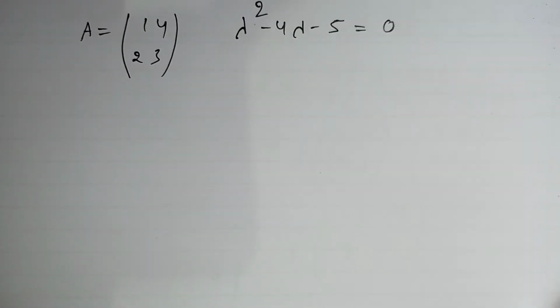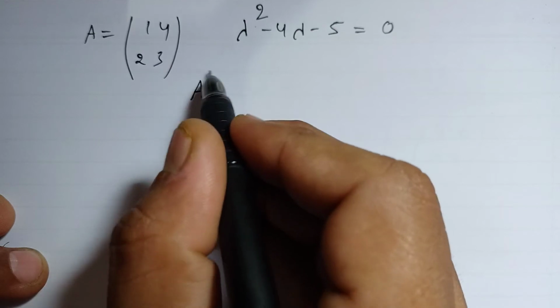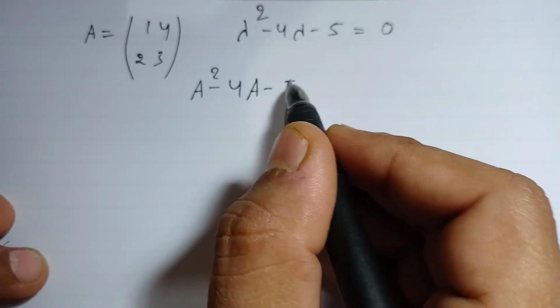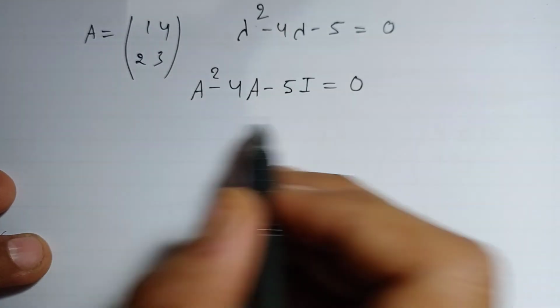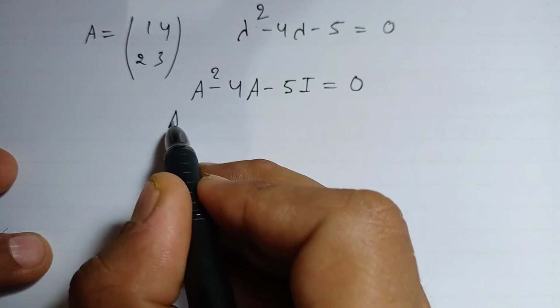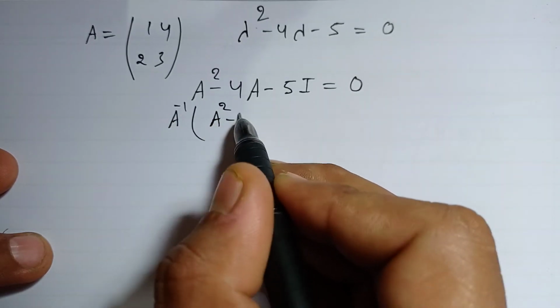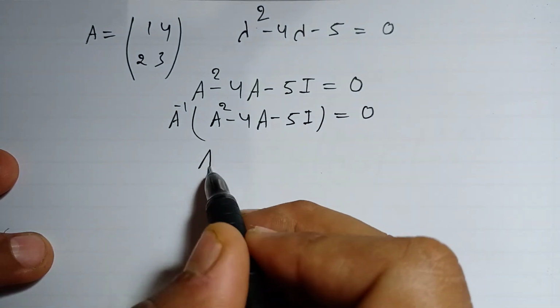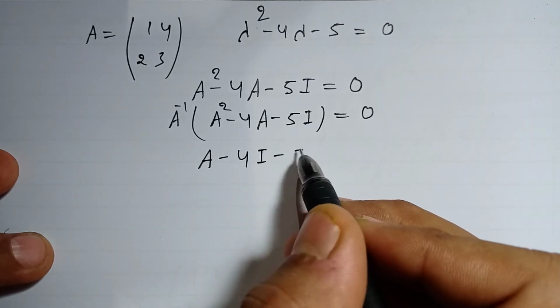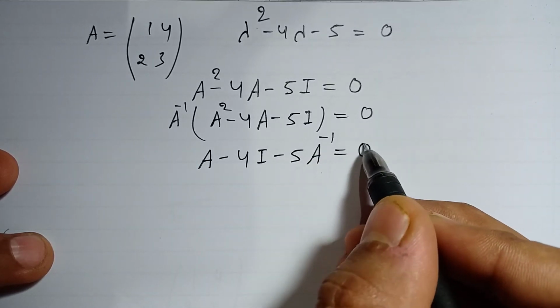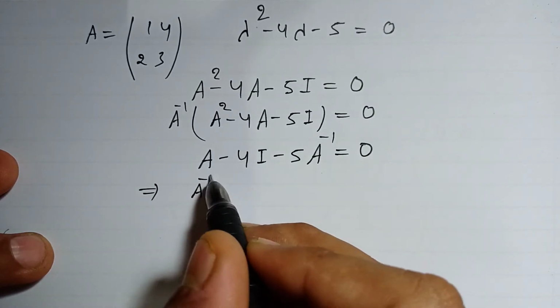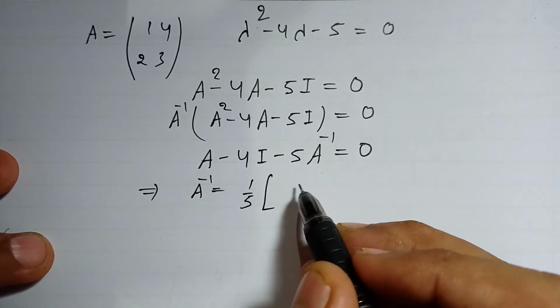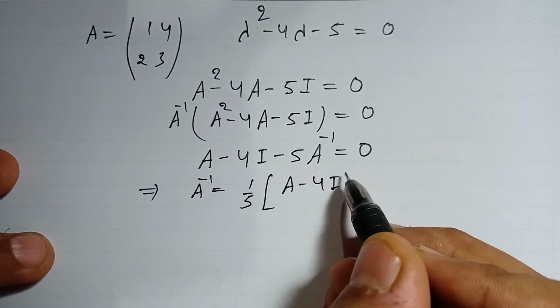Now the next part: find A inverse. Using the Cayley-Hamilton theorem, we can write A square minus 4A minus 5I equal to the 0 matrix. For finding A inverse, we just multiply by A inverse here. Multiplying this equation by A inverse, we get A minus 4I minus 5 A inverse equal to 0, which implies A inverse equals 1 by 5 into (A minus 4I).